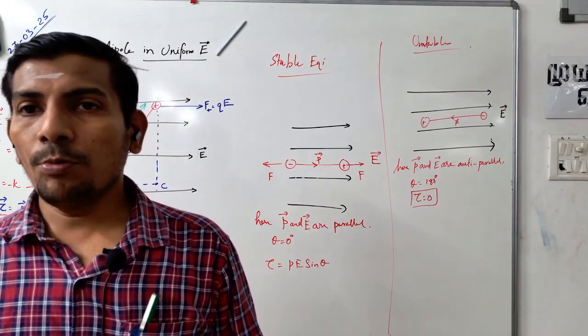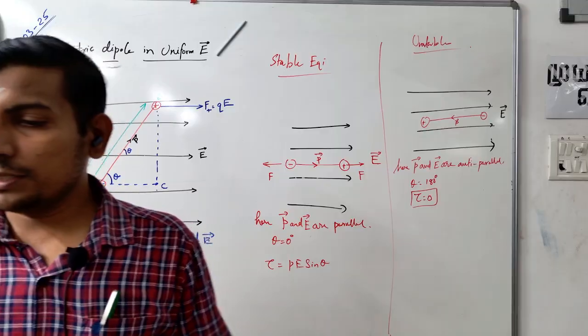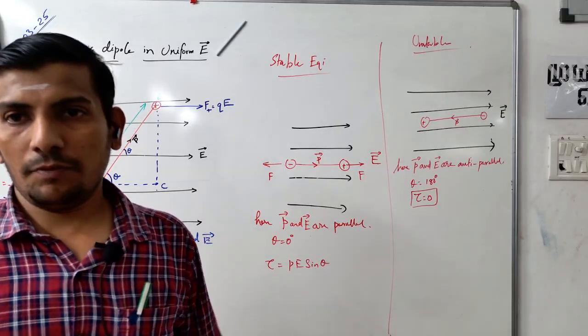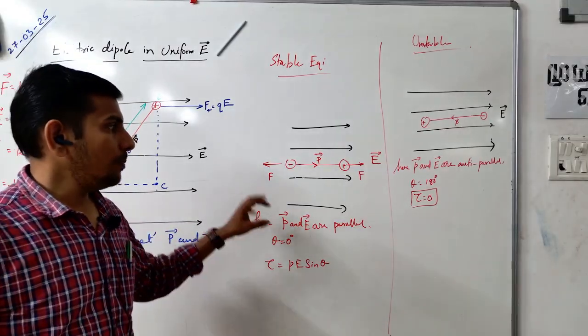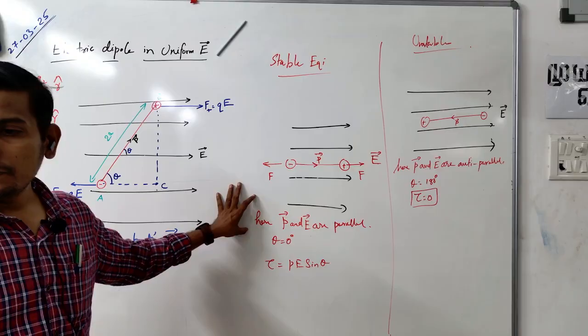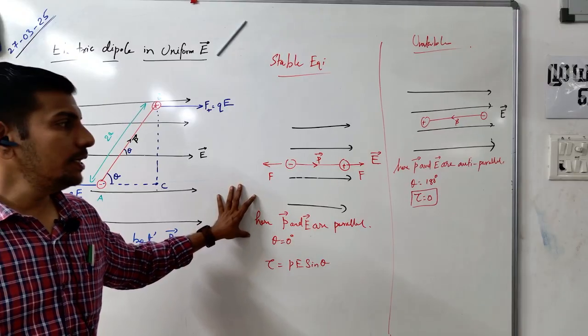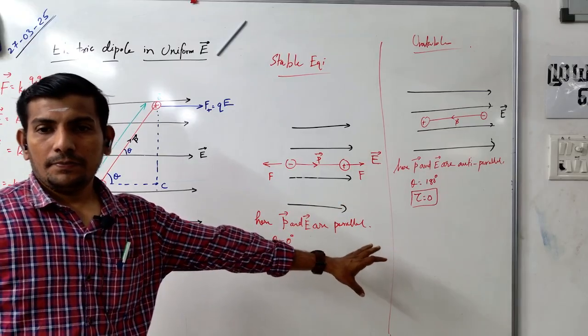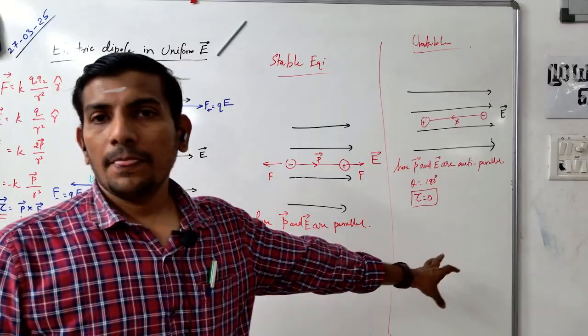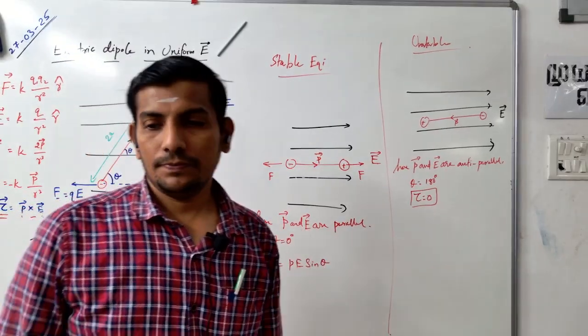When the dipole moment is parallel to the electric field or anti-parallel to the electric field. The parallel condition is called the stable equilibrium condition of the dipole. When it is anti-parallel, the condition is called the unstable equilibrium condition of the dipole.